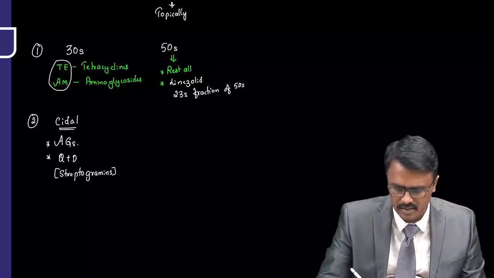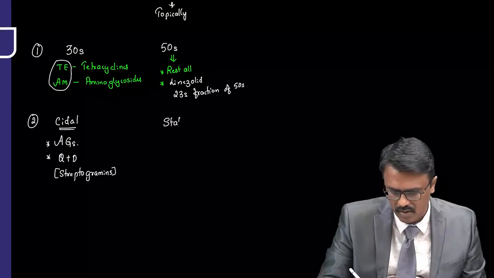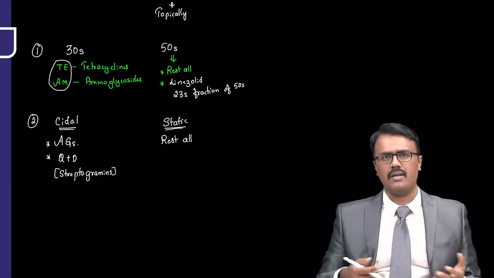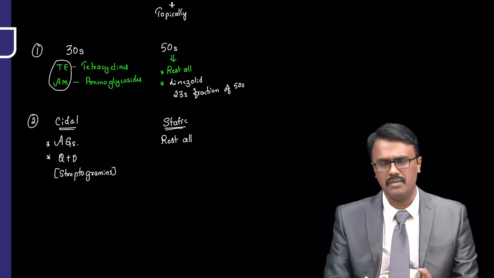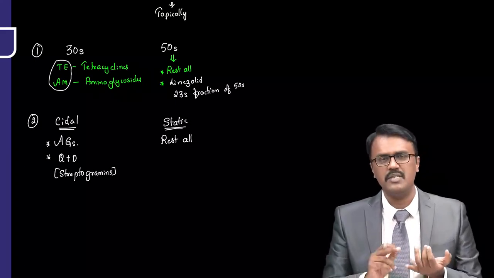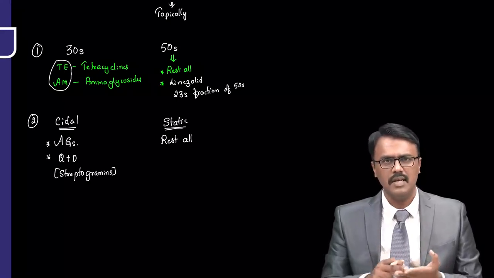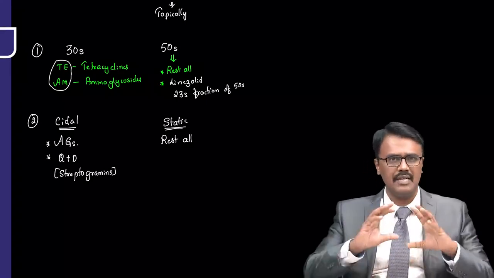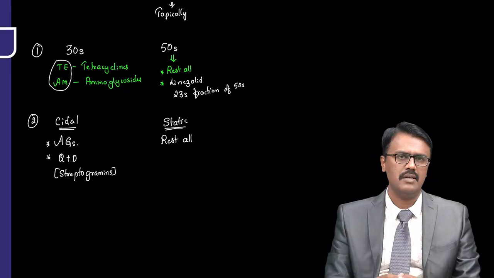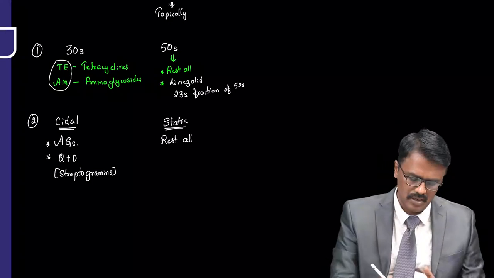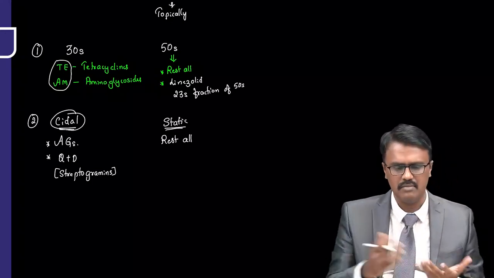What are the static drugs? Rest all are static drugs. So what are the rest all, sir? Tetracycline, chloramphenicol, macrolides, clindamycin, individually quinupristin, dalfopristin. Individually they are static, only the combination is cidal. Then the linezolid, they are all static. So cidal drugs are these. So if you know cidal, static is easy.